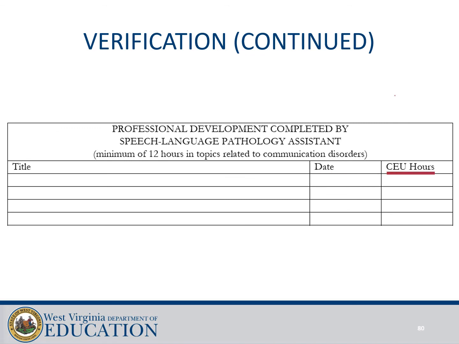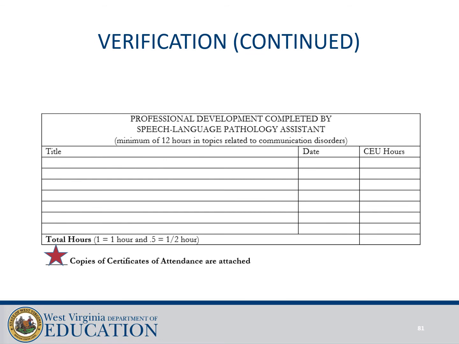The professional development CEU hours and half hours, or 0.5, would go here. After totaling the number of CEU hours and half hours, or 0.5s, you make sure and you indicate that you have included copies of all certificates of attendance.